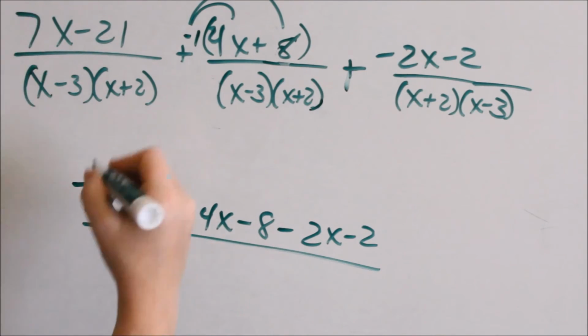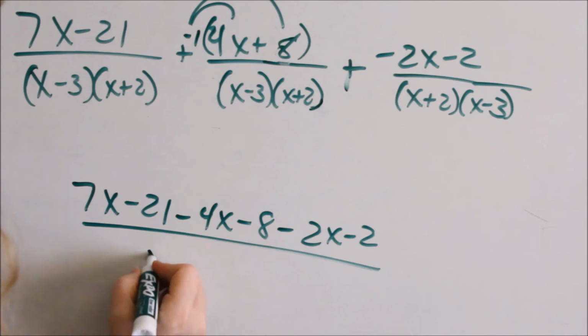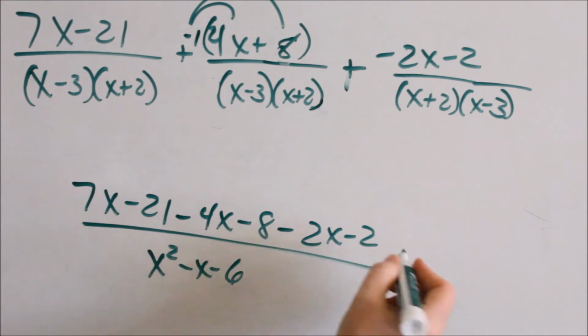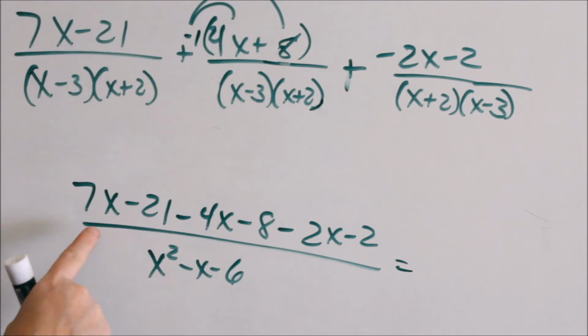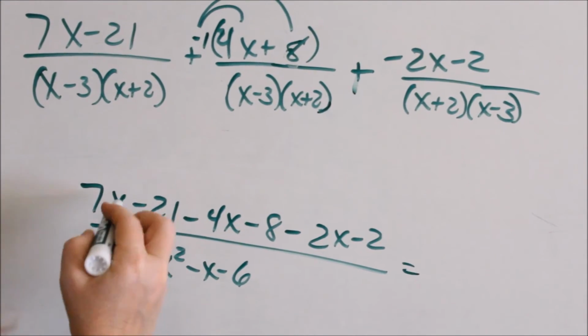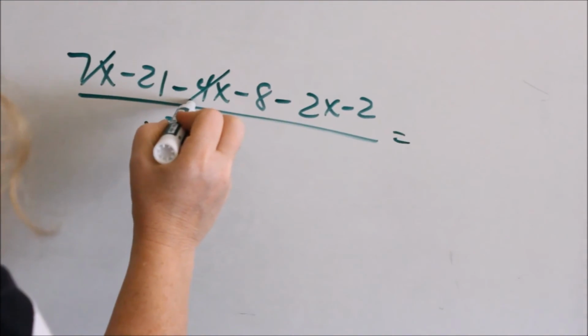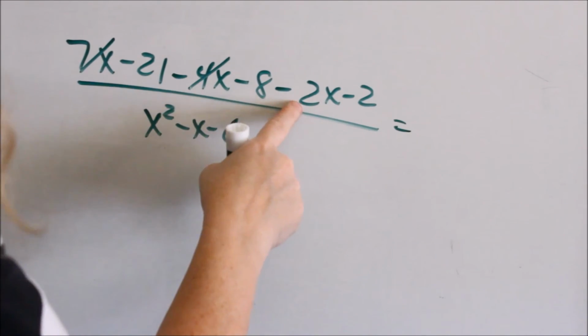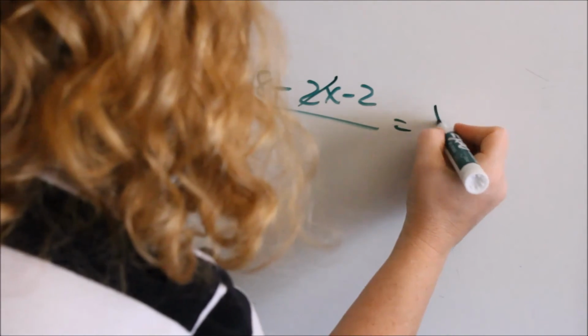All over, I'm just going to multiply this back out. X squared minus x minus 6. Alright, now let's combine our x's. 7x minus 4x is a 3x. 3x minus 2x is 1x.